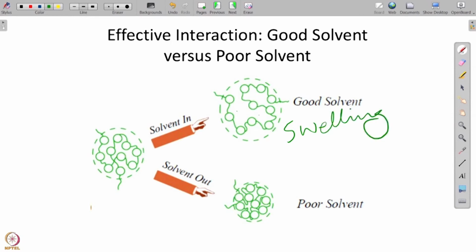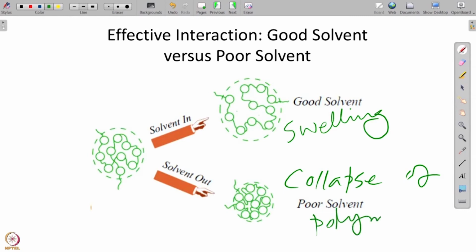However, if the solvent is poor, if they do not like each other, then it collapses. Protein folding is essentially hydrophobic collapse. So, this collapse of polymer is a hydrophobic collapse that is so important in protein folding.